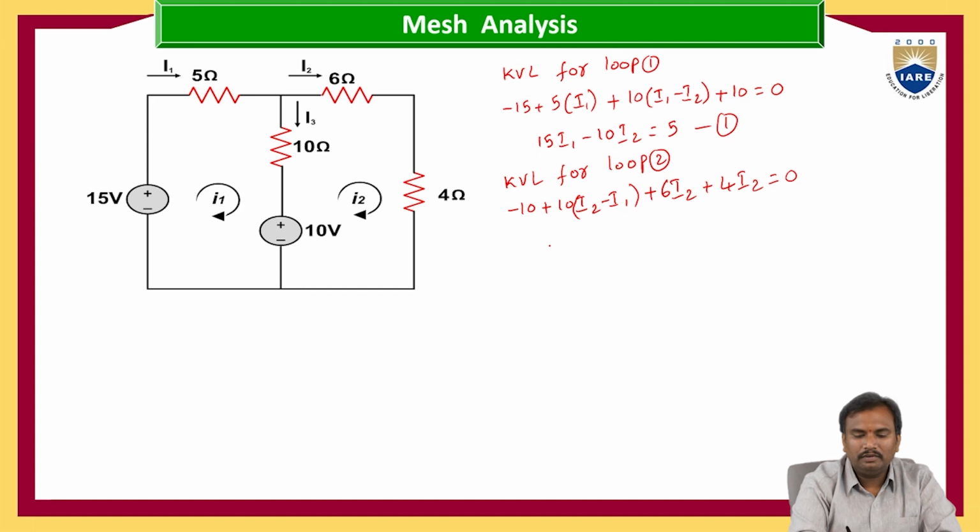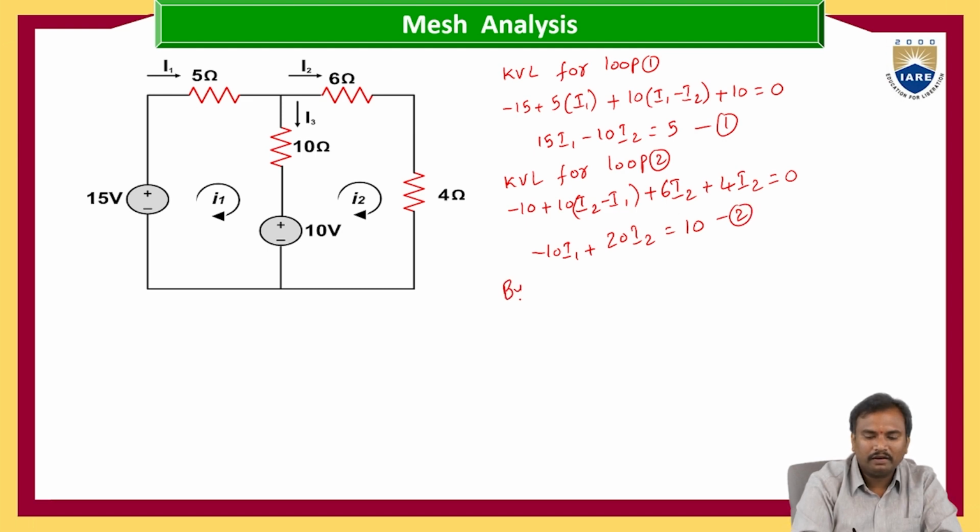Now minus 10 I1 plus 10 plus 6, 16 plus 4, 20 I2 is equal to 10. This is our equation number 2.